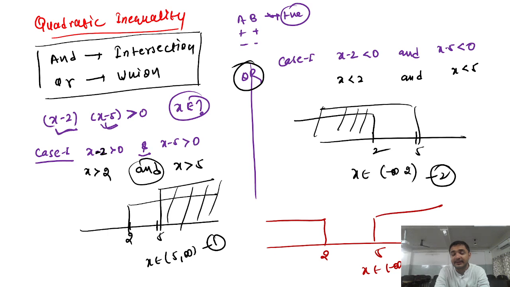For obvious reasons, we are not going to use these long methods, but these are the basics, right? But in the same question, (x minus 2)(x minus 5), if they ask less than 0, then we need to take the cases positive, negative and negative, positive. Yes or no? So tell me what we will have.